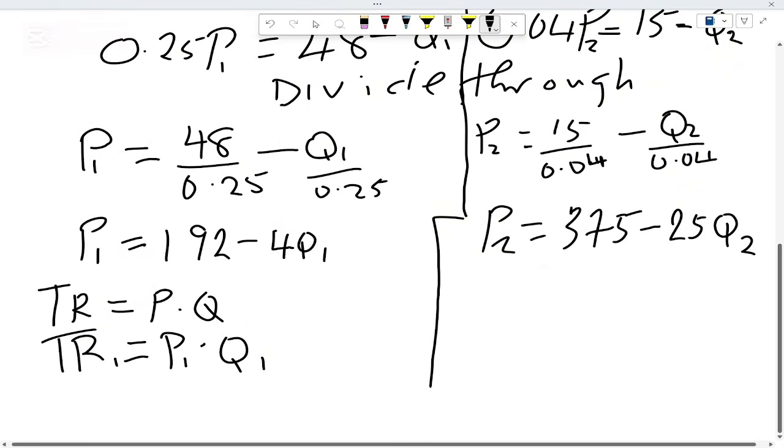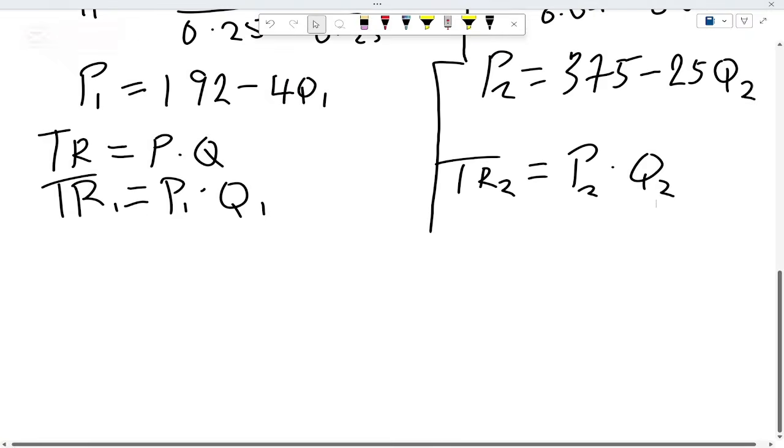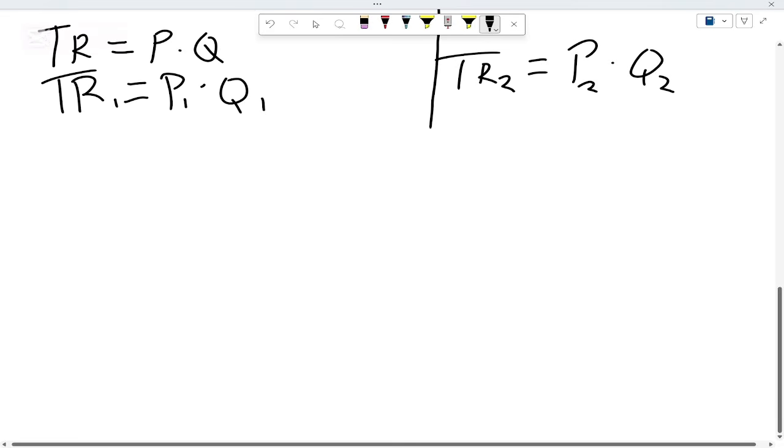For the second market, TR2 is equal to P2 multiplied by Q2. It makes it easy.